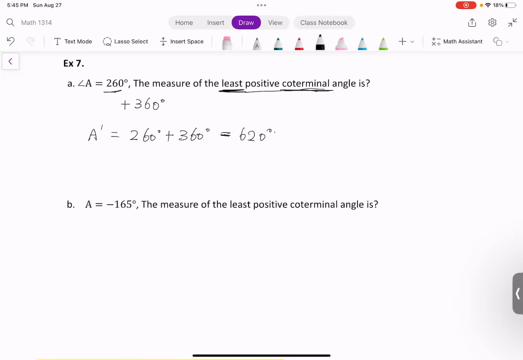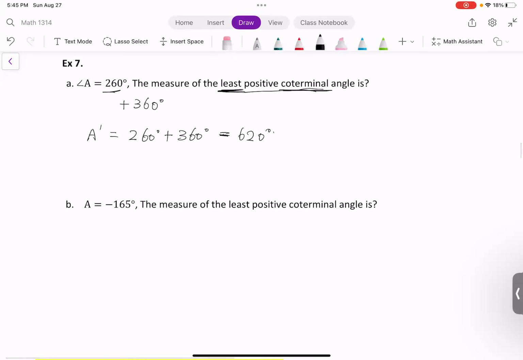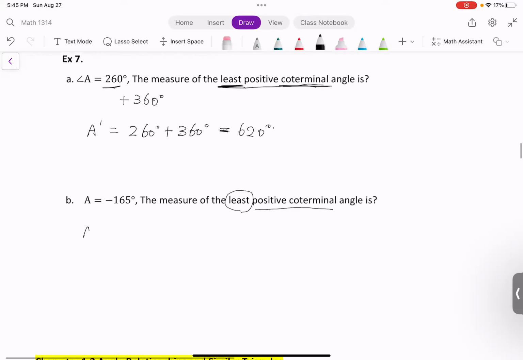All right, number B. If my angle A equals negative 165 degrees, the measure of the least positive coterminal angle is... I must have a positive coterminal angle, and it is the smallest one. How about I add 1 full rotation? Can I get a positive angle?